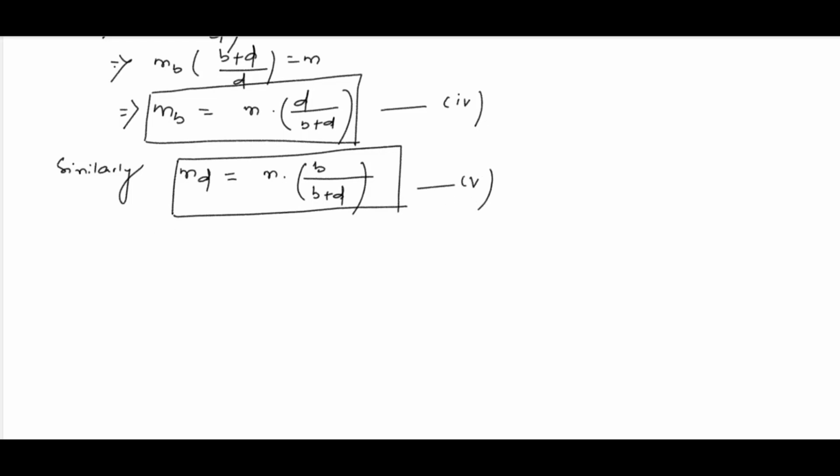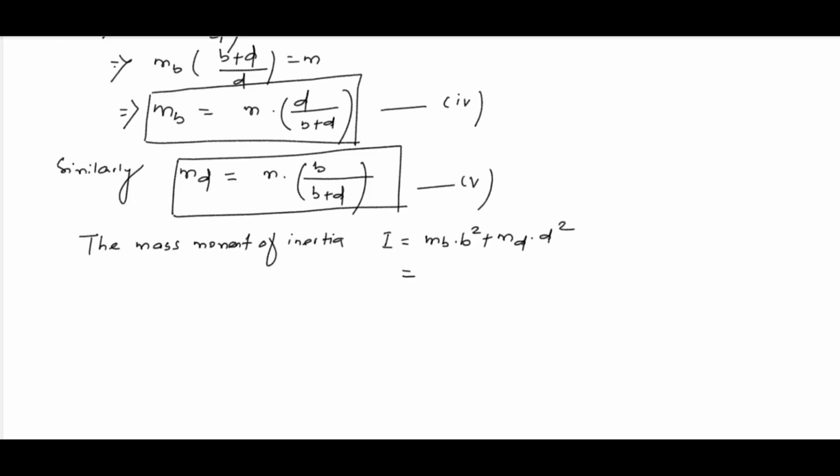Now the mass moment of inertia I should be expressed as MB times b squared plus MD times d squared, as per the third point that we have discussed earlier.